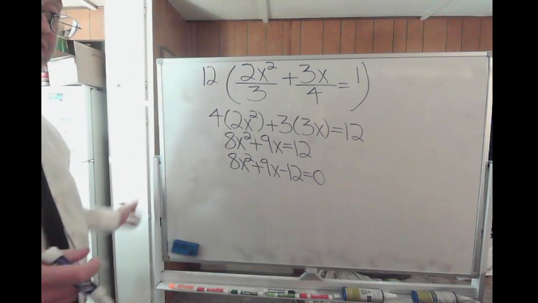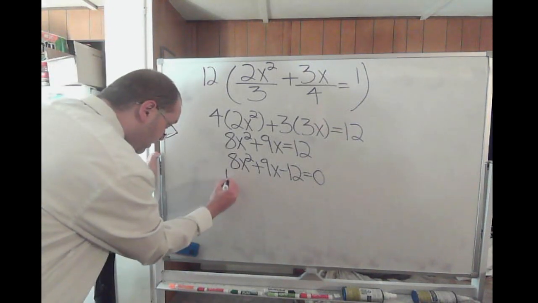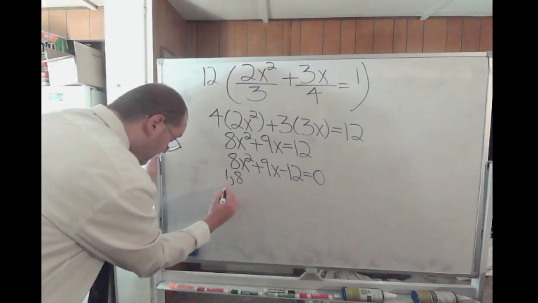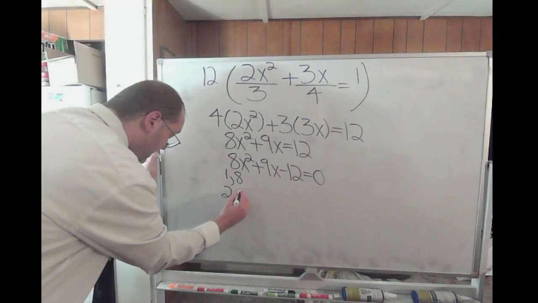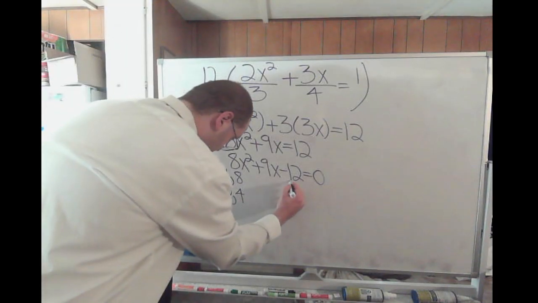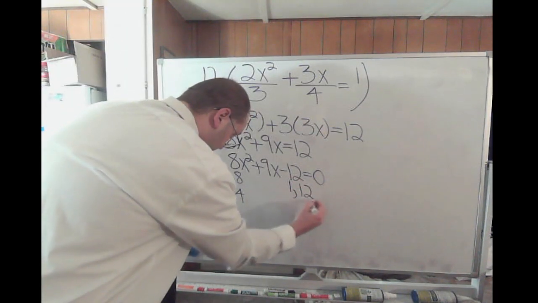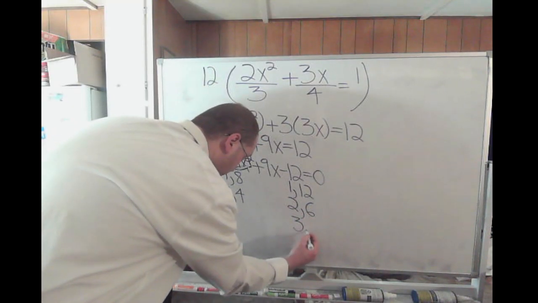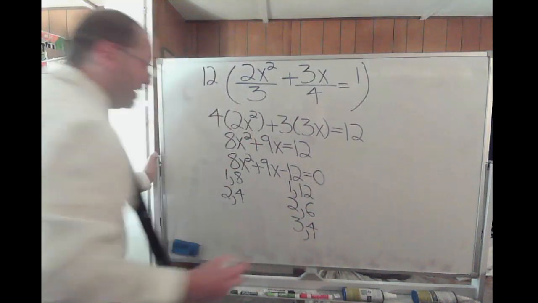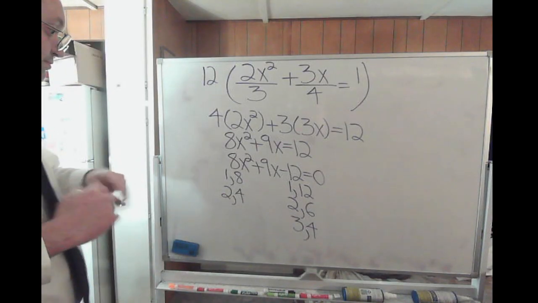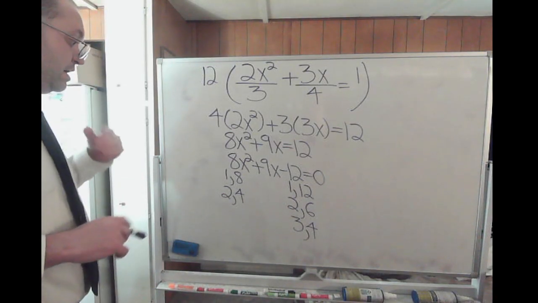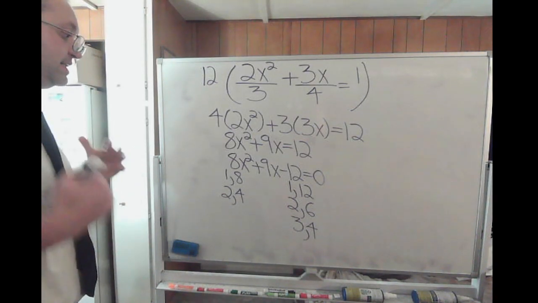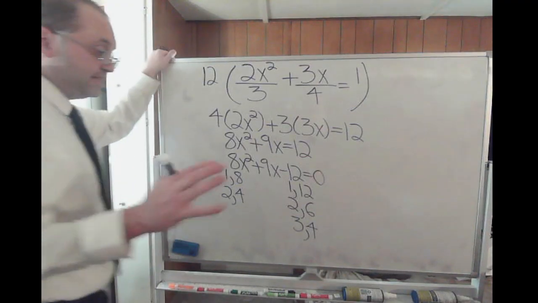Alright, let's attempt to factor this. Factors of 8 are going to be 1 and 8, and then we have 2 and 4. That's about it for 8. How about 12? You have 1 and 12, 2 and 6, and then you also have 3 and 4. Those are factors of 12. Okay, let's take this one at a time.